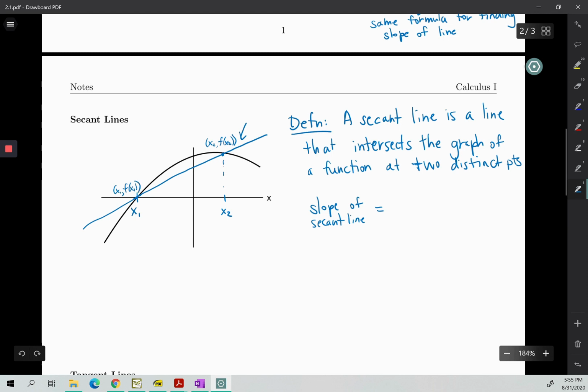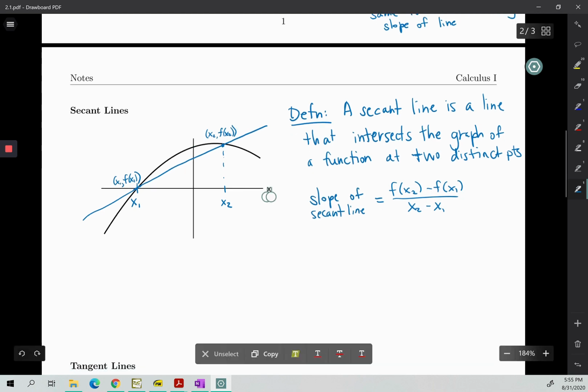It's just that same formula that I wrote down for average rate of change. So this is the connection between average rate of change and representing it graphically. I'm going to get rid of this arrow so it's a little cleaned up. So the slope of the secant line from x1 to x2 is the average rate of change of the function over the interval x1 to x2.